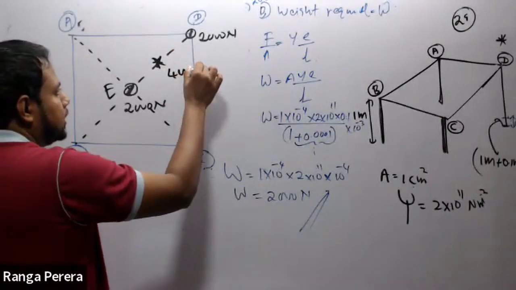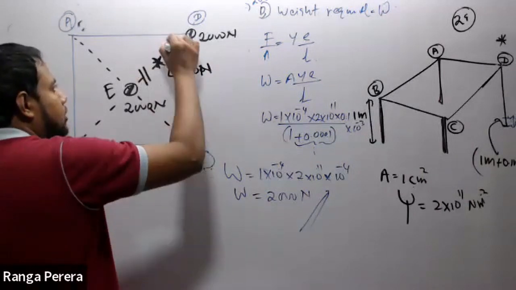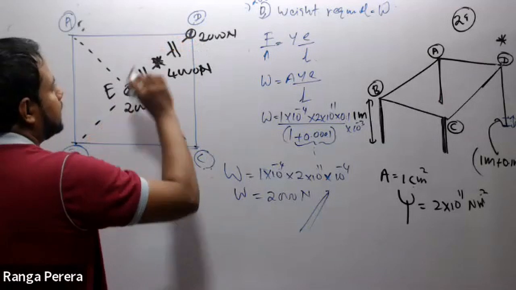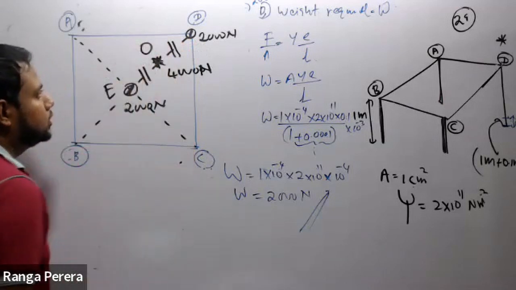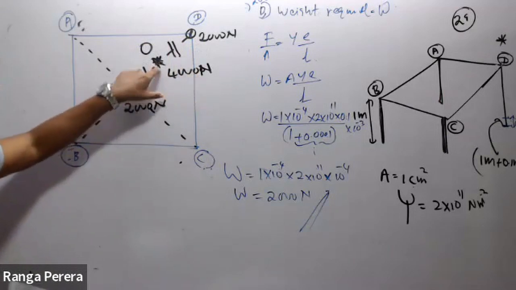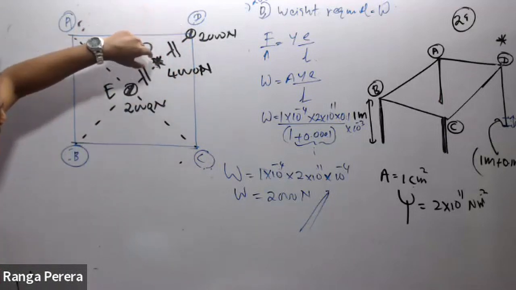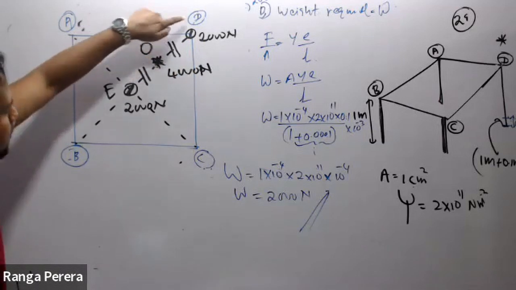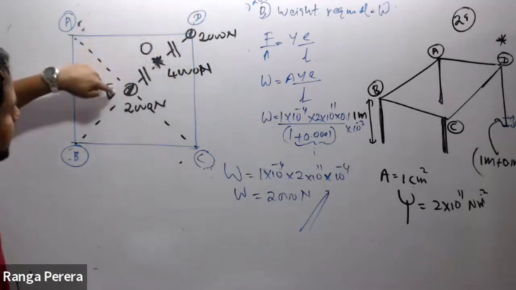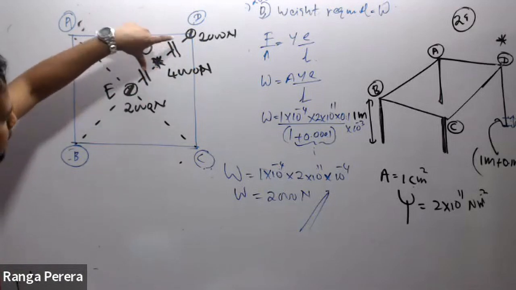I should place 4000 Newton at this location. Let us say location O. Exactly, I should place 4000 Newton at this point, which is the equal bisection of that DE, equally dividing the length.